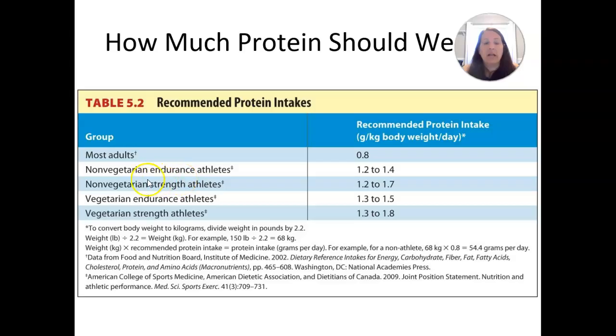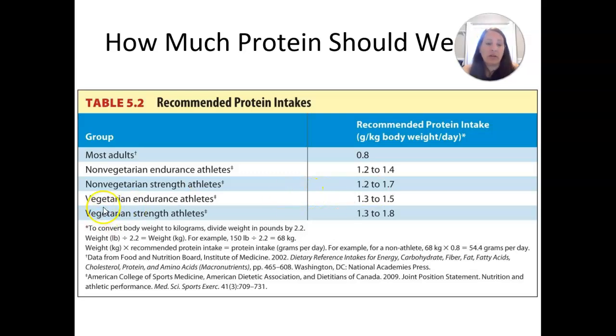However, if you are a non-vegetarian endurance athlete, you need more than 0.8. You need between 1.2 to 1.4 grams per kilogram of body weight per day of protein. If you are a non-vegetarian strength trainer, you might need a little bit more. So again, 1.2 to 1.7 grams per kilogram of body weight.